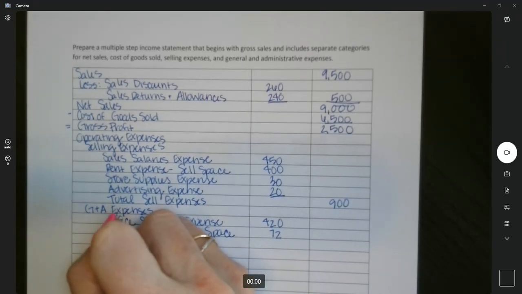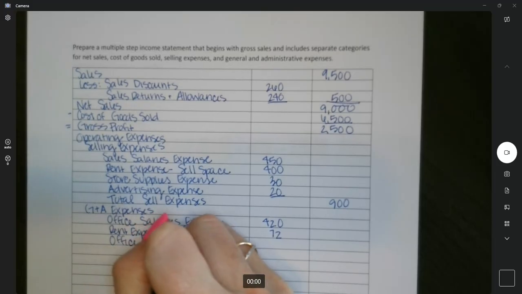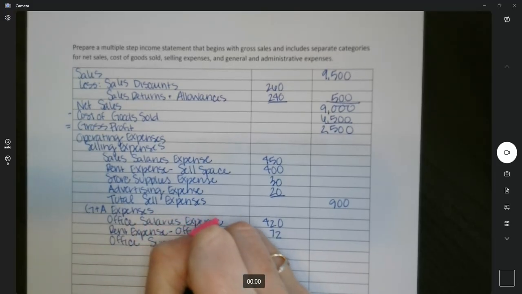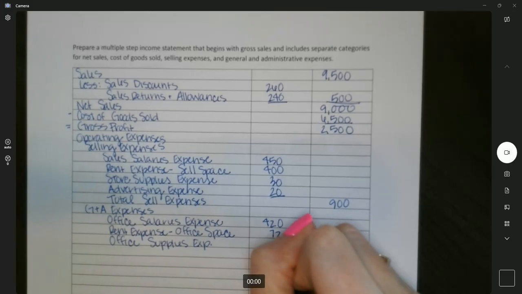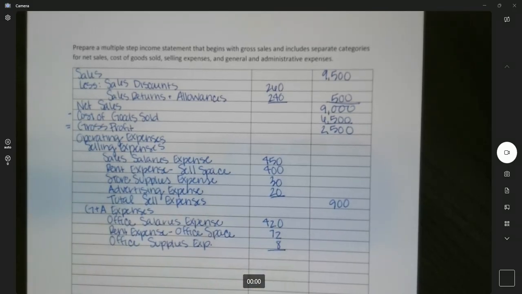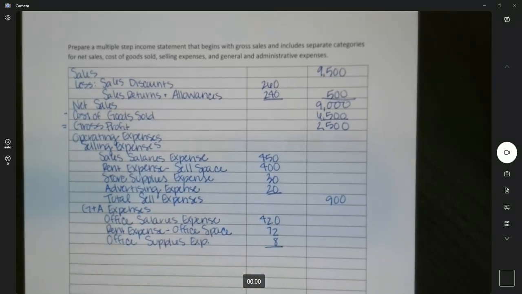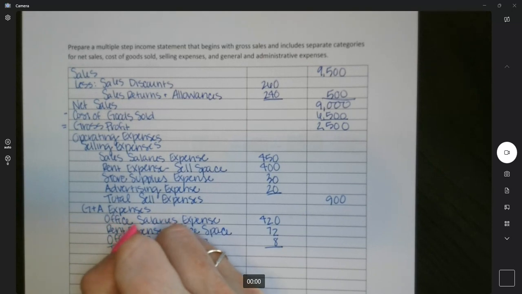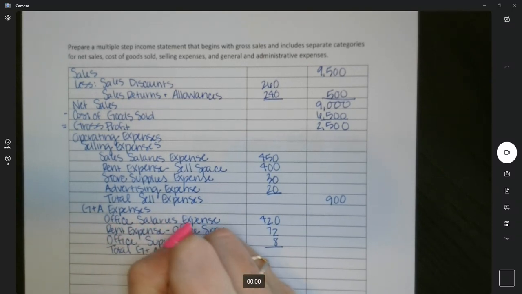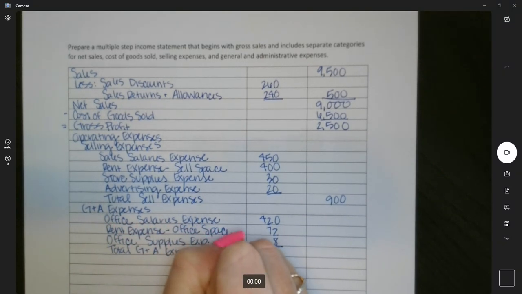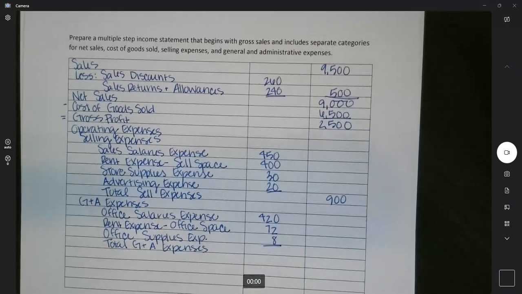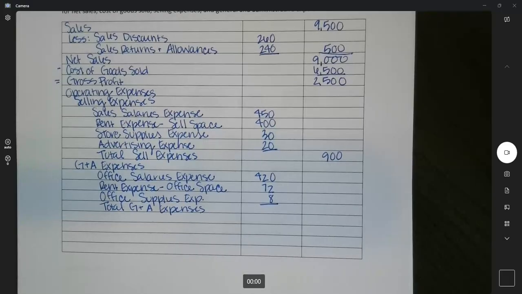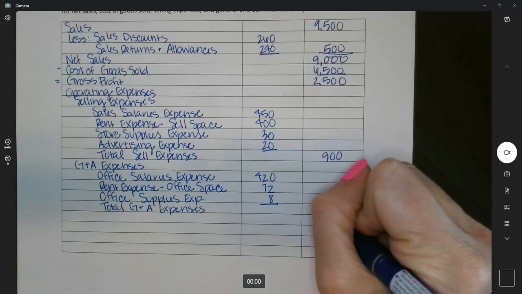And office supplies expense, and that's $8. Below that, we'll get our total general and admin expenses. Scooting that up. This is $500.